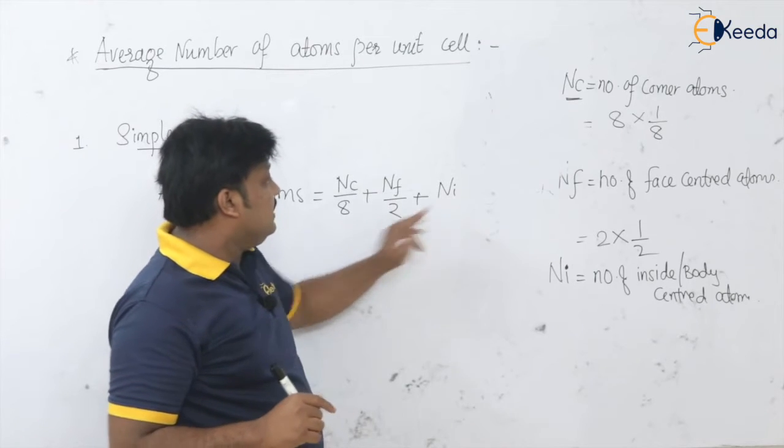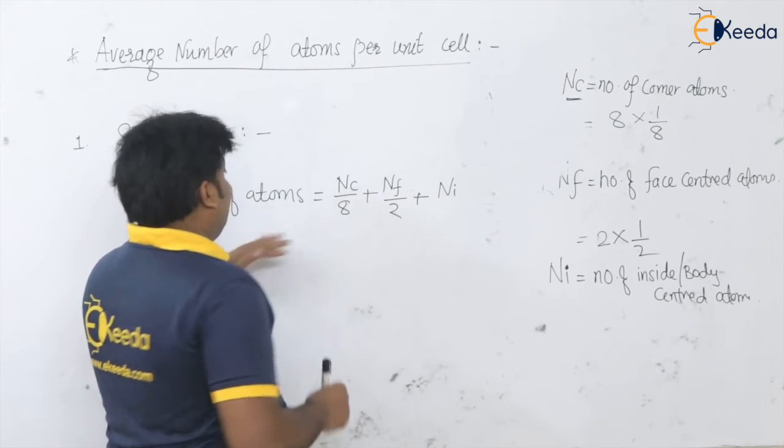Okay, so this is Ni. So this is the formula for cubic.